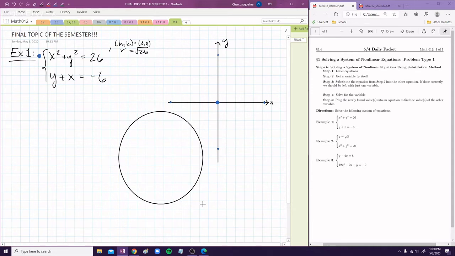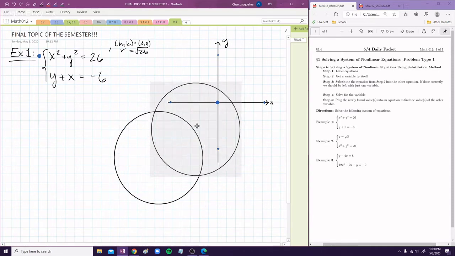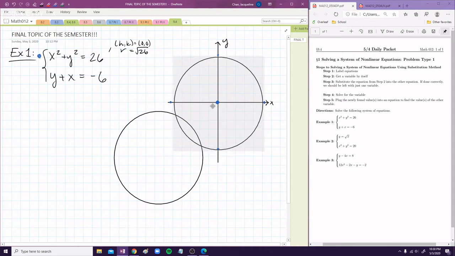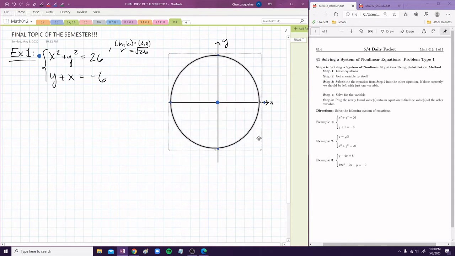And then 1, 2, 3, 4, 5, 6, 7, 8, 9. Okay, let's try that. Not too bad. Let me try to match it and make it a little bigger.